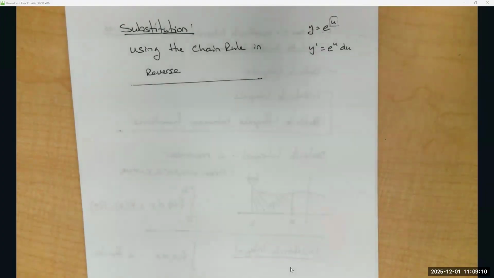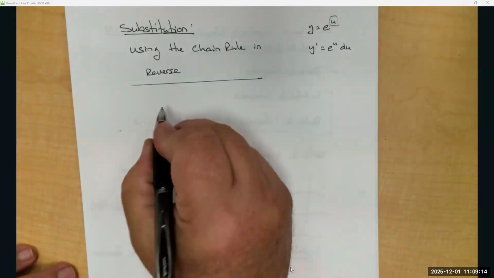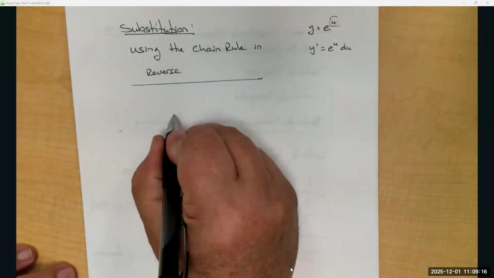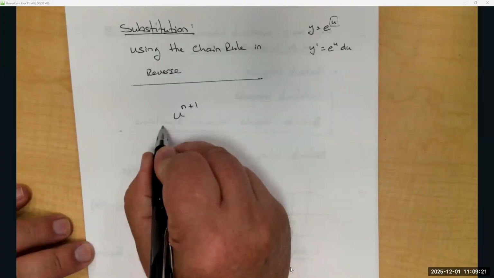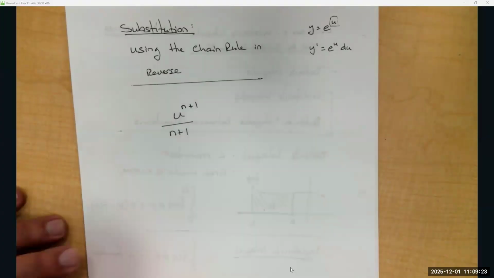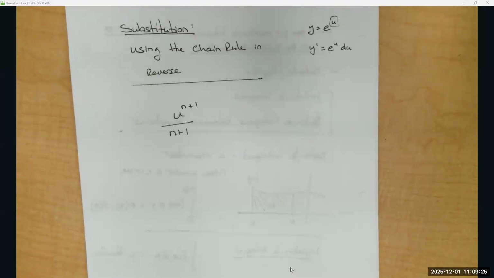Because remember, once we take the integral, we end up with the original function before we took a derivative of it. So if we have a function u to the power n plus 1 divided by n plus 1, that's some function.